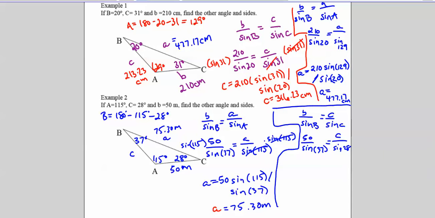So then, if you multiply both sides by sine 28, you get C equals 50 sine 28 divided by sine 37.